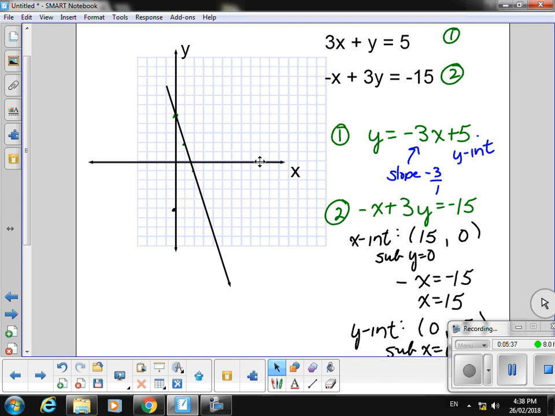There. Ta-da! And my x-intercept is 15. There we go. So my line, now that I've established 2 points, is there.